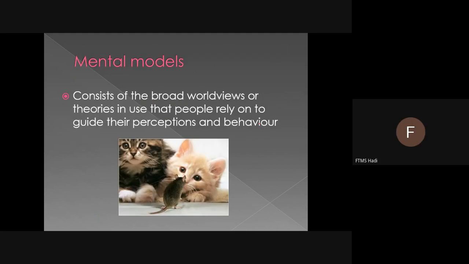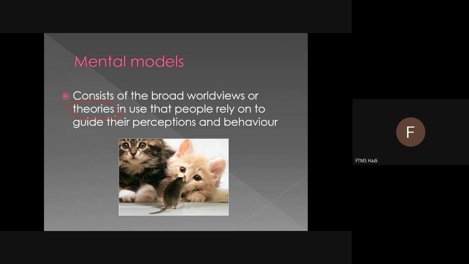And then mental models. Mental models consist of the broad worldviews or theories that people rely on to guide their perception of behavior. Mental model means that the perception is there already. I'll give you an example, because we have some theories. The perception is based on the law.